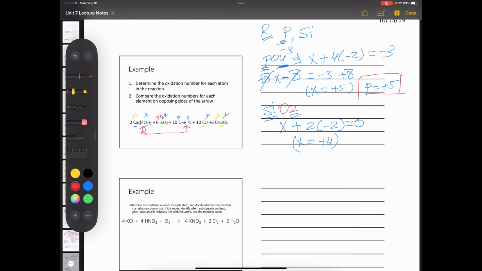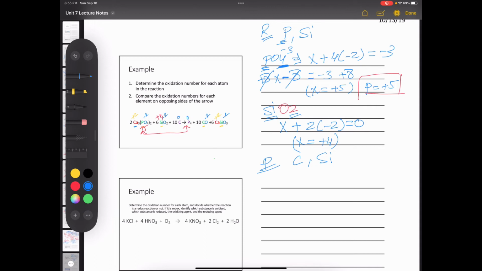Let's now do our products. So for the products, we have carbon and we have the silicon. So these are the two that I need to complete my oxidation number set, basically, to try to figure out if there is any change in oxidation numbers.